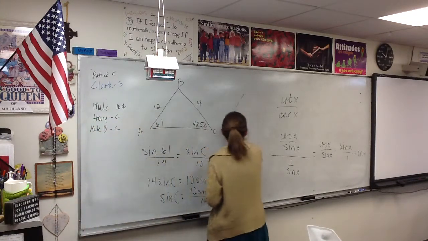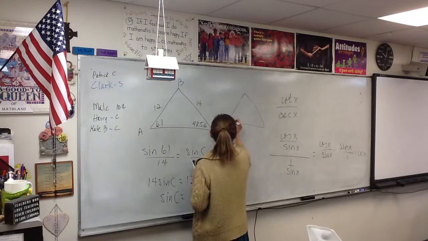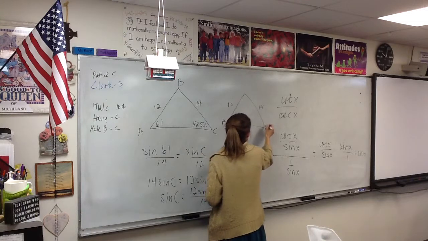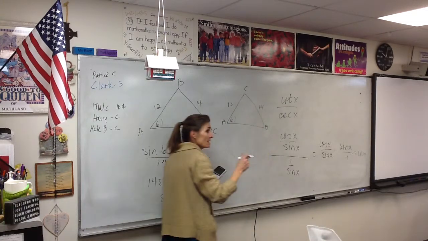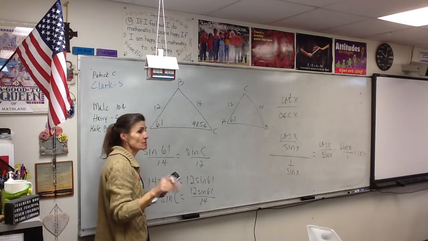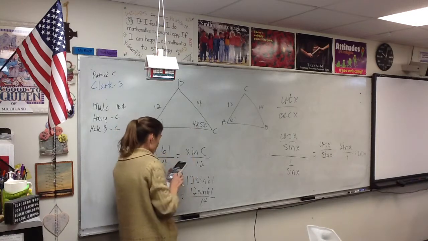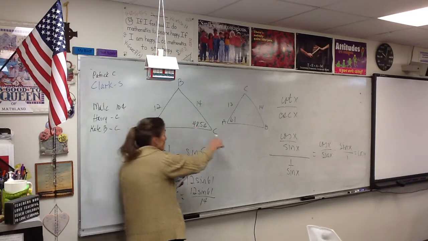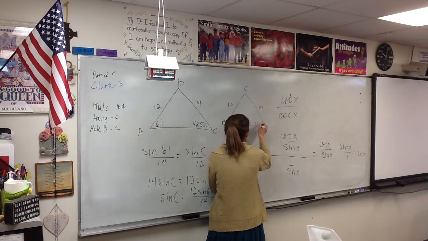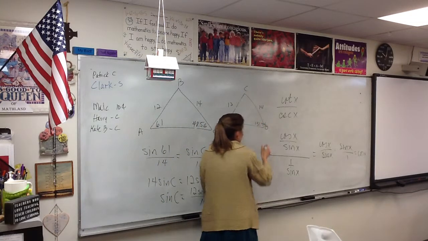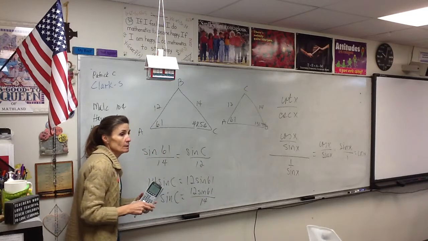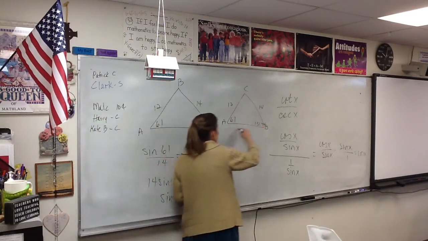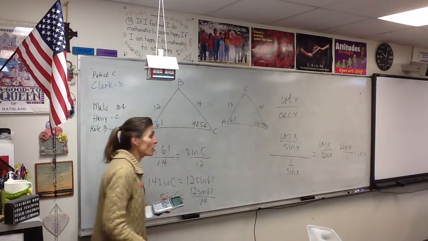Now, what do you do immediately at this point? You draw a second triangle, and you say, okay, that's 61, 12, and 14. What could this other angle be? If there is another answer, what would it be? 180 minus this, right? Which would be 131.44. Nope. Is it okay to have a 61 and a 131 in the same triangle?